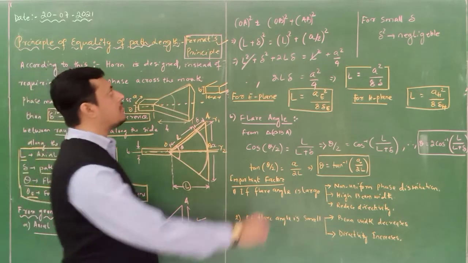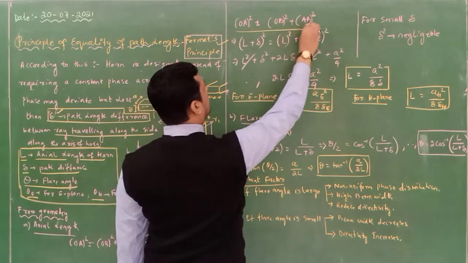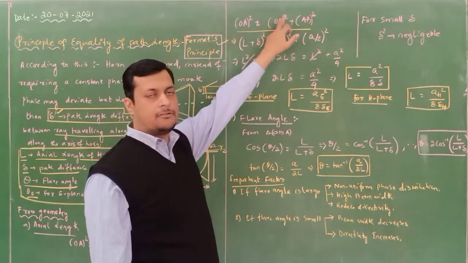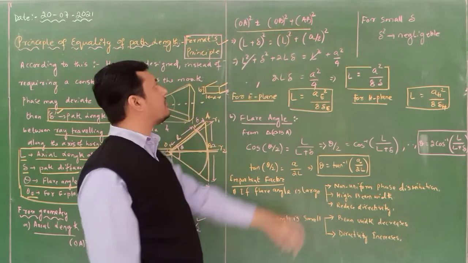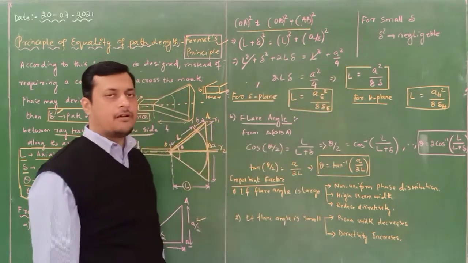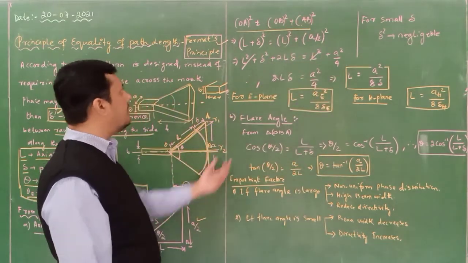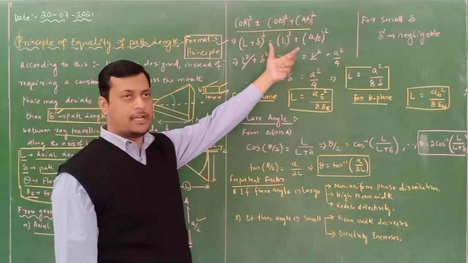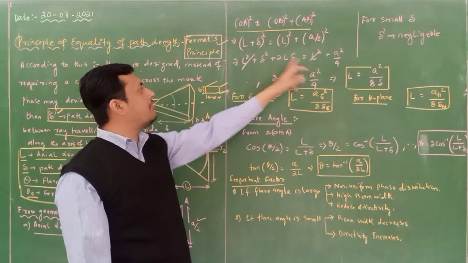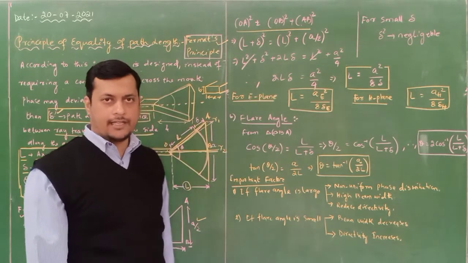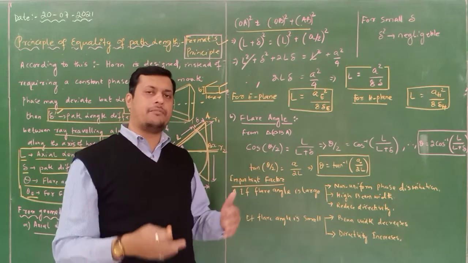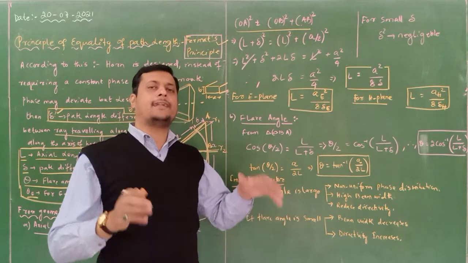Let's see. With the help of the Pythagoras theorem, hypotenuse square is equal to perpendicular square plus base square. So OA square is equal to OB square plus AB square. In place of OA substitute L plus del. In place of OB substitute L. In place of AB substitute A by 2. So this will be the resultant equation you are getting. Since this del is very small, its square component and cube component are also negligible.